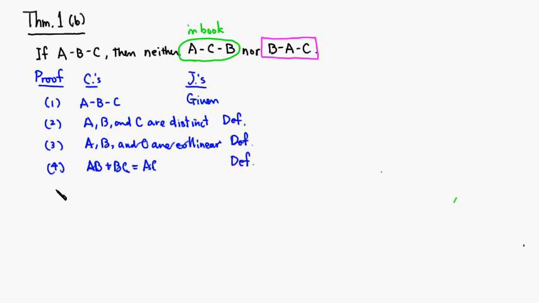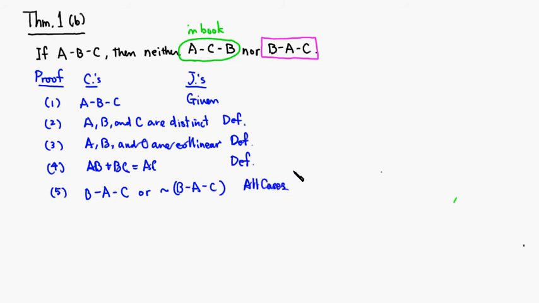Then I'm trying to show that A is not between B and C. So there are two possibilities. One is A is between B and C, or not A is between B and C. So these are all cases.